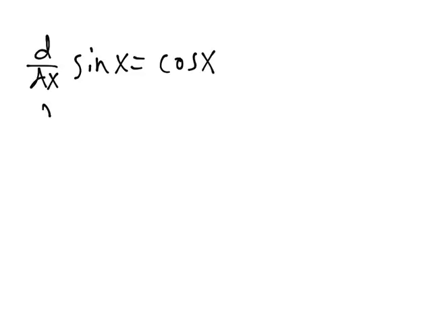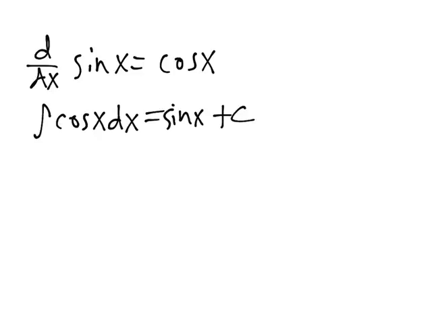And finally, we can take any differentiation relation we know and turn it into an integral one. For example, d/dx of sine of x is equal to cosine of x. This is equivalent to saying the integral of cosine x dx is equal to sine of x, plus c, of course, although you can often ignore the constant as it's sort of assumed. And then similarly, we know that d/dx of cosine x is equal to minus sine of x.